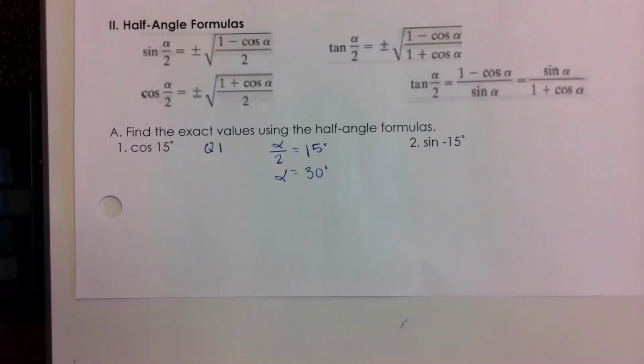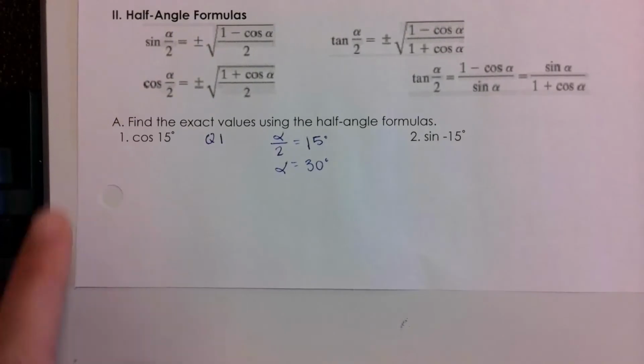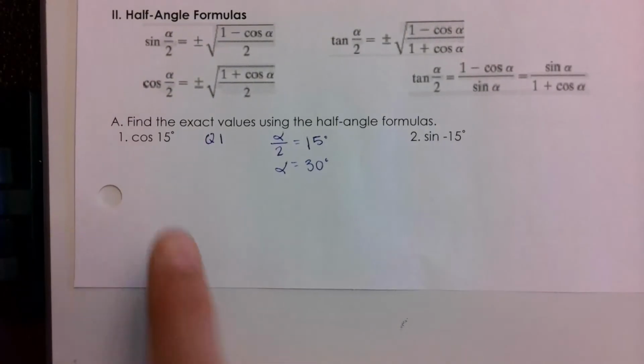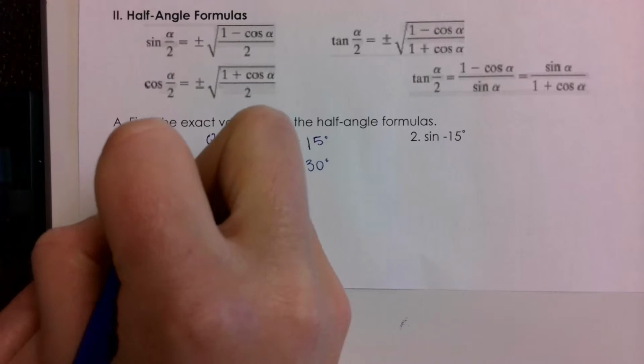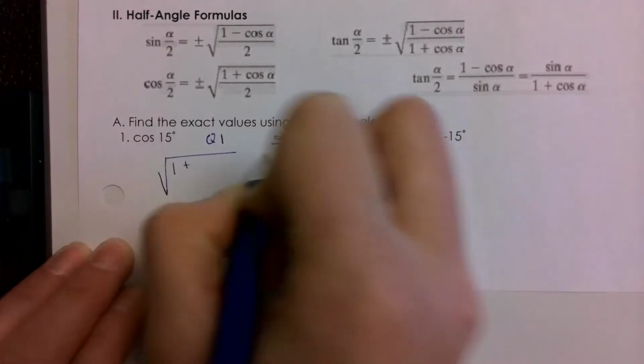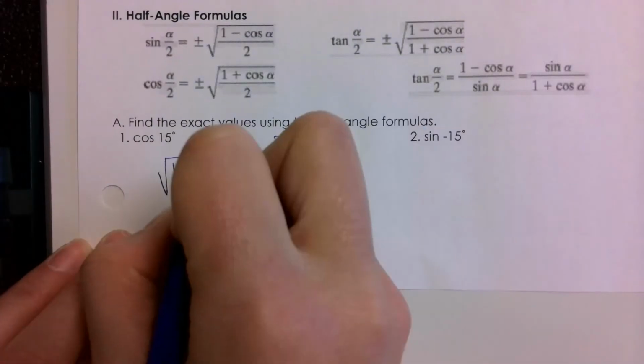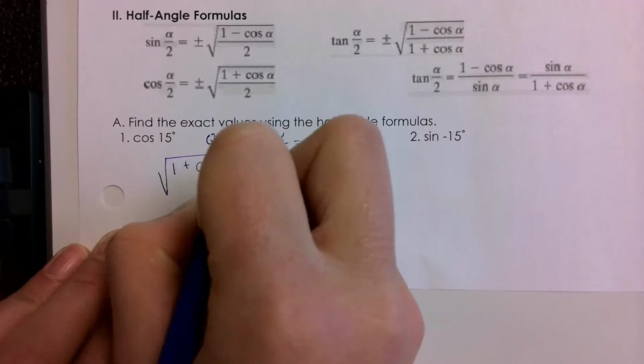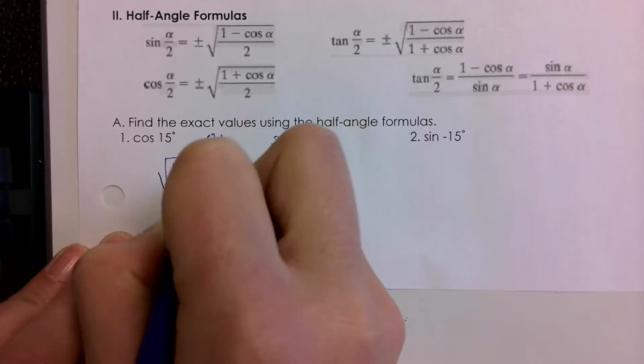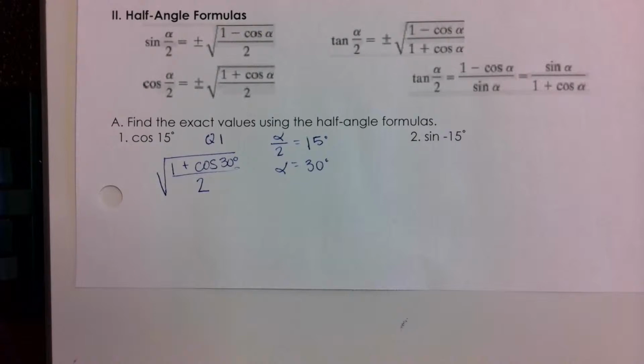So we're doing cosine, and we said that in quadrant 1, cosine was going to be positive. So we're going to do positive square root of 1 plus cosine of alpha, which for us is 30, over 2. And these answers are kind of messy because you've got square roots under square roots. So we're just going to try to get as exact as we can. What is cosine of 30?